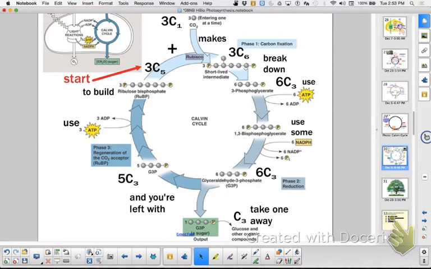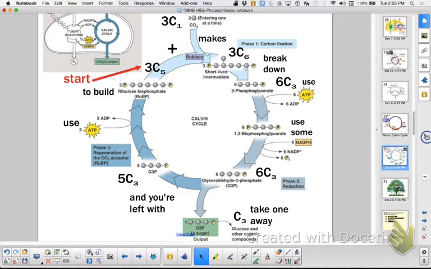3C5 plus 3C1 makes 3C6. Break down to 6C3. Use some ATP, use some reduced NADP on your 6C3. Take one away, PGAL. And you're left with 5.